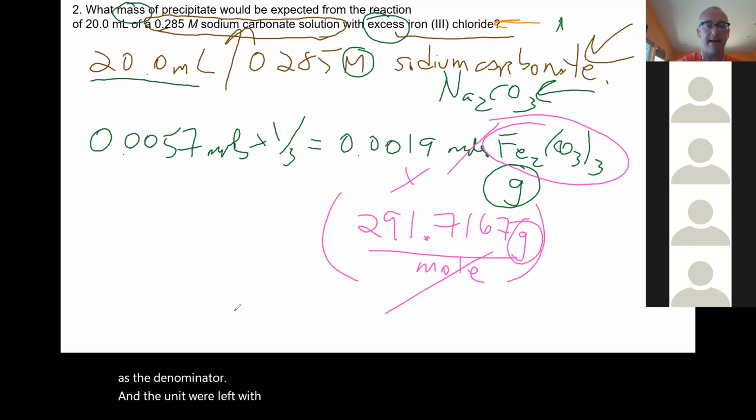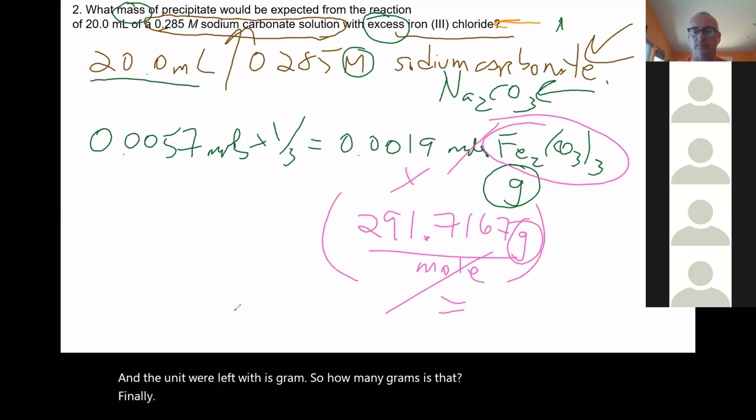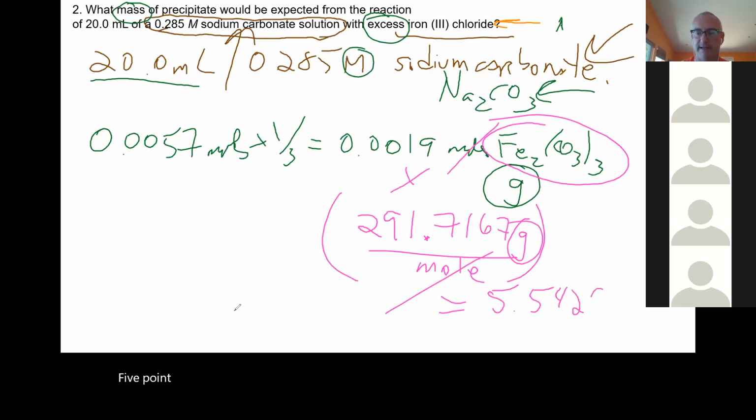So how many grams is that? 5.5426. Units, please. Grams, right.